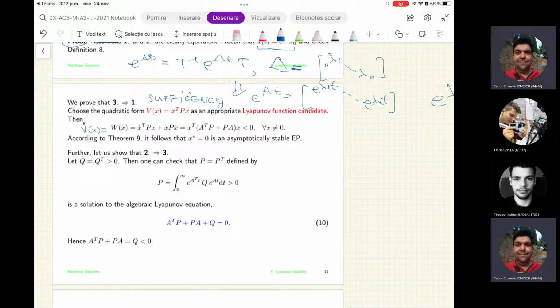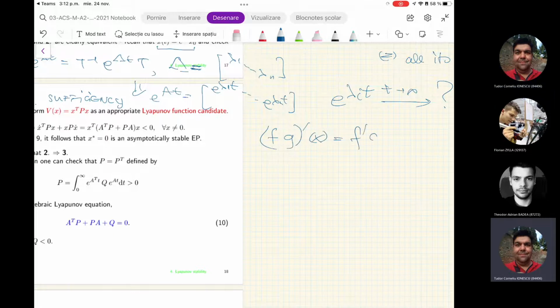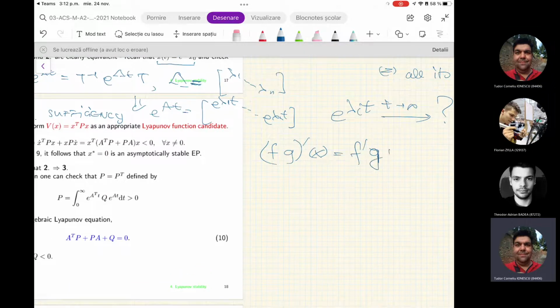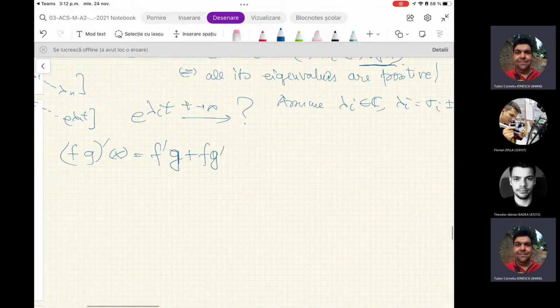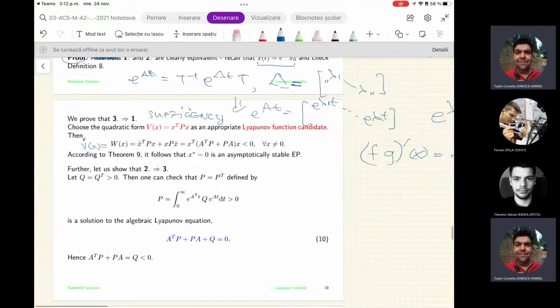So V dot of x is what? Leibniz rule of derivation.